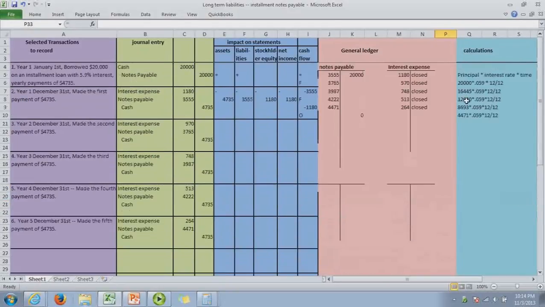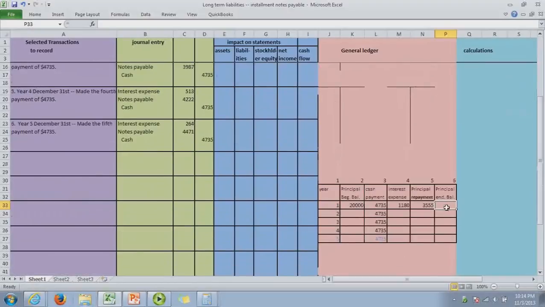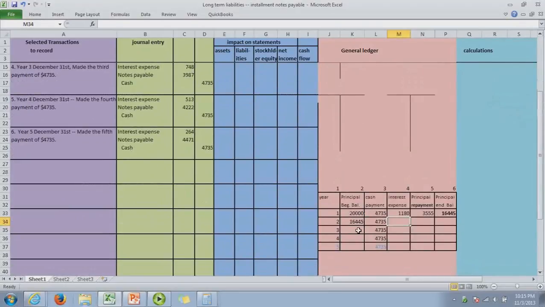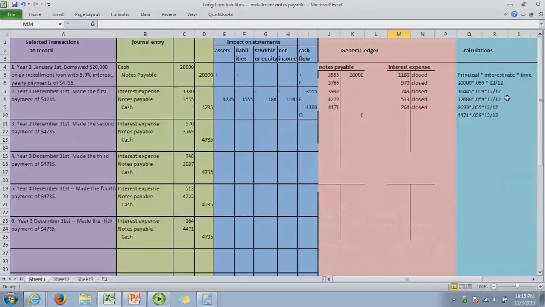And we figured that out. This would have been 16,445. So in this particular format, the ending principal balance for year 1, or the first payment, becomes principal balance for the next period. And then you do similar things. The interest expense for year 2 is the new principal balance, which we now see here, 16,445, and then you multiply that times the interest rate that doesn't change, 5.9% or 0.059 times 12 over 12.